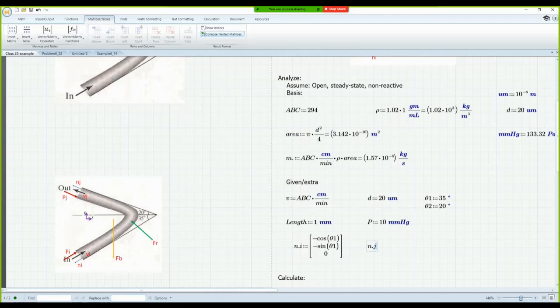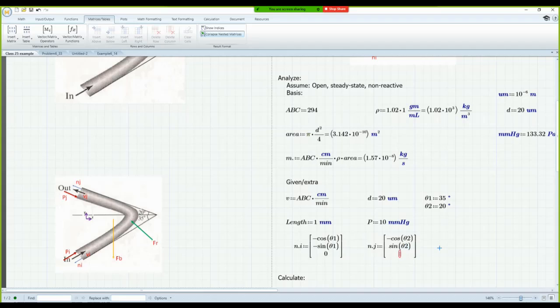Now n dot j is the unit vector coming out of the top out port. The x component is in the negative x direction, so it's the negative of the cosine of 20 degrees, or theta 2. But the y component of n j is in the positive y direction, so this is the positive sine of theta 2.